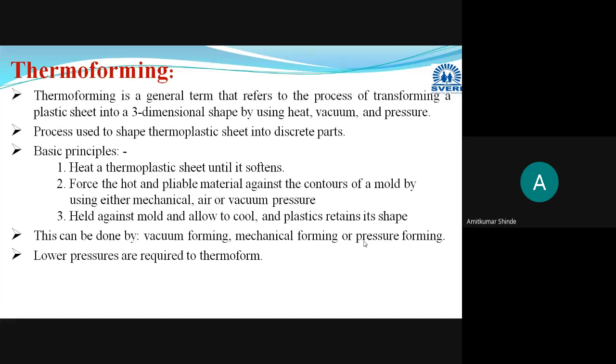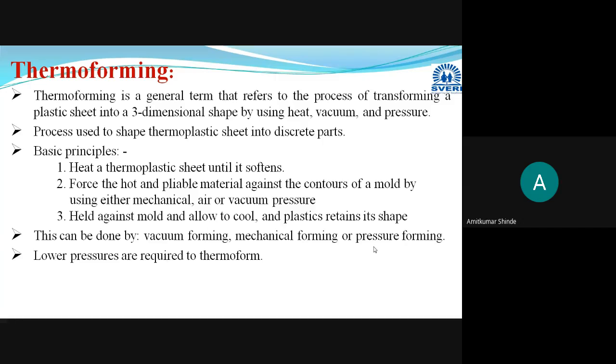Some with the help of compressed air you can apply the pressure, or with the help of some mechanical tools we can apply the pressure. In this way thermoforming is classified in three types: vacuum thermoforming, mechanical thermoforming, and pressure thermoforming. One by one we will discuss these three thermoforming processes now.